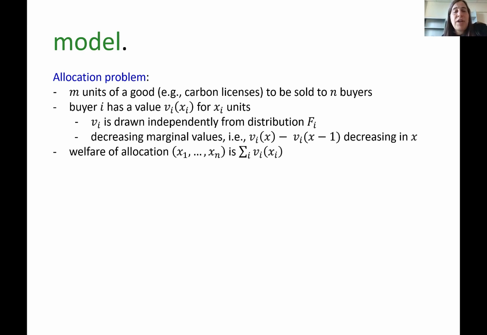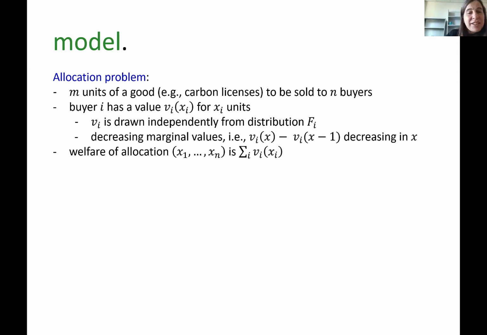I'll assume that these values are drawn independently across buyers from some potentially buyer-specific distribution F. And we'll assume that these values have decreasing marginals. So the marginal value for the 10th unit is smaller than the marginal value for the 9th unit, and so on.